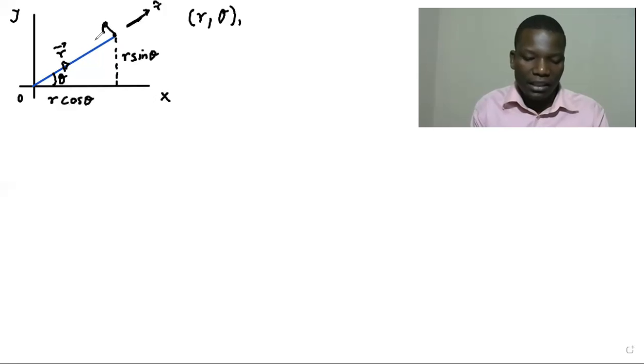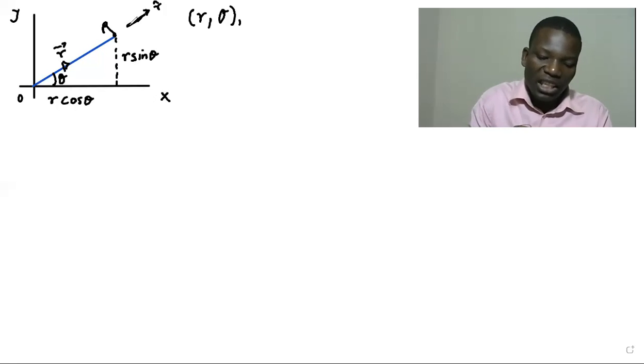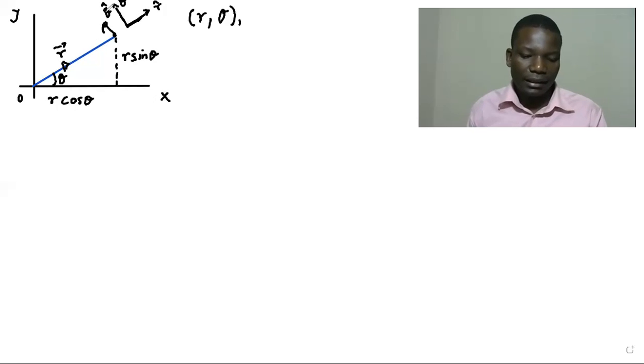So the unit vector for the rotation is going to be perpendicular to the unit vector R. Okay. So theta is going to have a unit vector perpendicular to R. Okay. So we have that now.